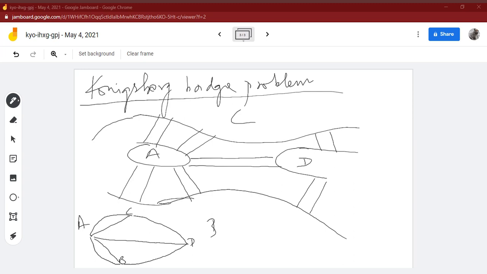But this graph has neither all even vertices nor at most two odd vertices. That's why it is not possible to pass through each and every edge and through each and every island. So this was the Königsberg bridge problem.